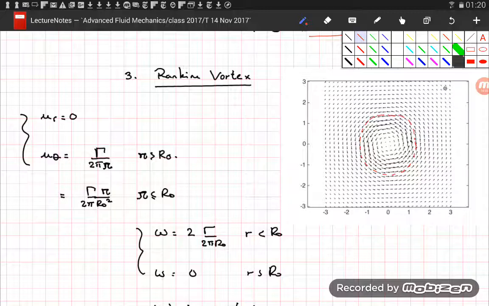In particular, that means that if you computed the vorticity in all of that region, it would be equal to 0.